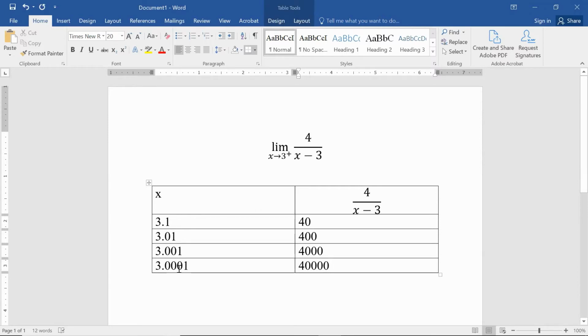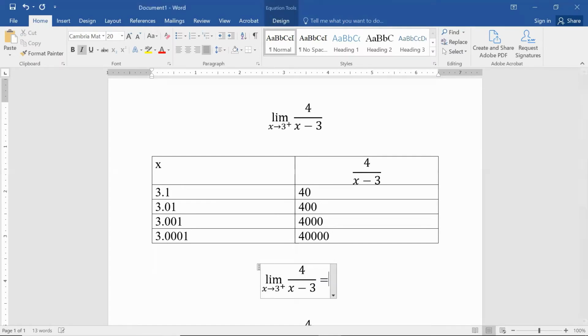So as you can see, as we get closer and closer to 3, our output values are getting bigger and bigger and bigger. Moreover, these are all positive. So what we say is that the limit as x approaches 3 from the right of the expression 4 over x minus 3 is equal to infinity.